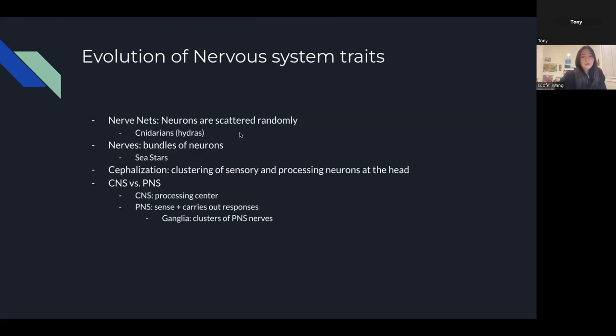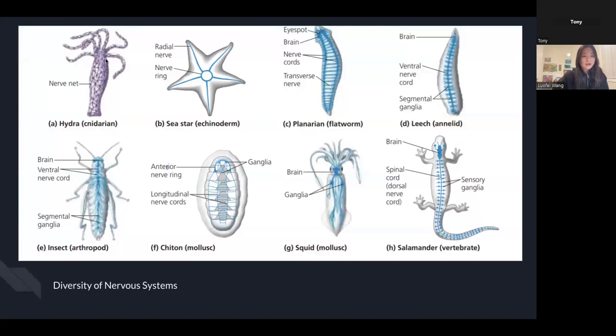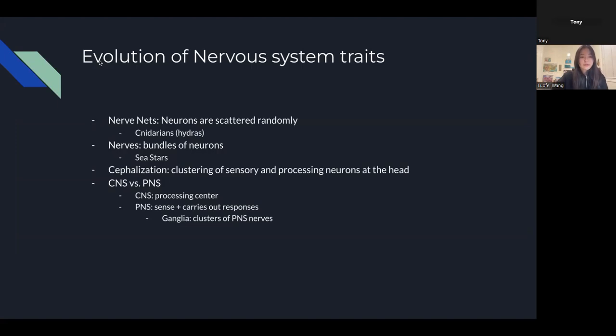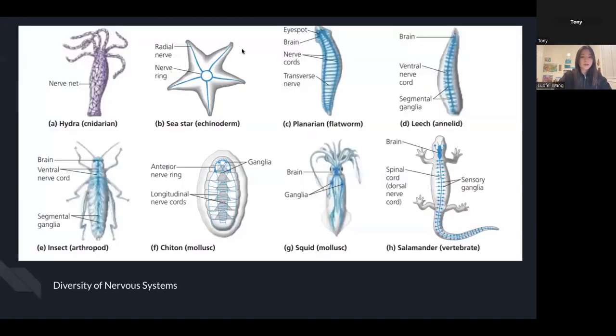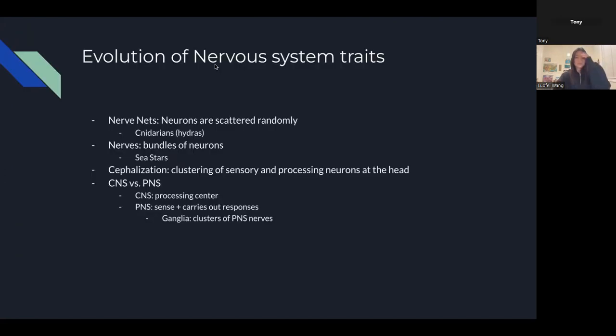Okay. Nervous systems have evolved a lot. Initially there were nerve nets where neurons were scattered randomly, like in the Hydra, which is a cnidarian. Then that evolved into nerves, which are bundles of neurons. As you can see in the sea star, it has a nerve ring and radial nerves.